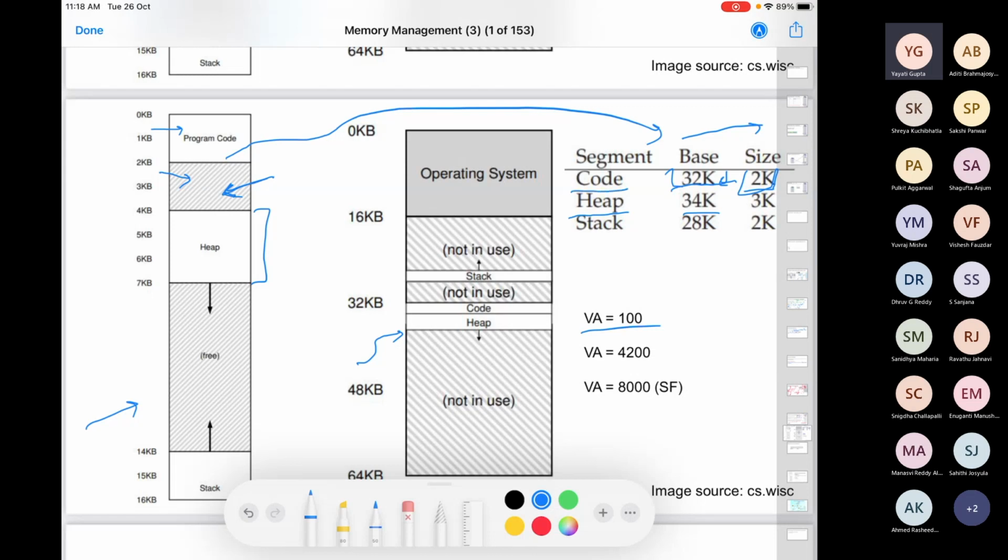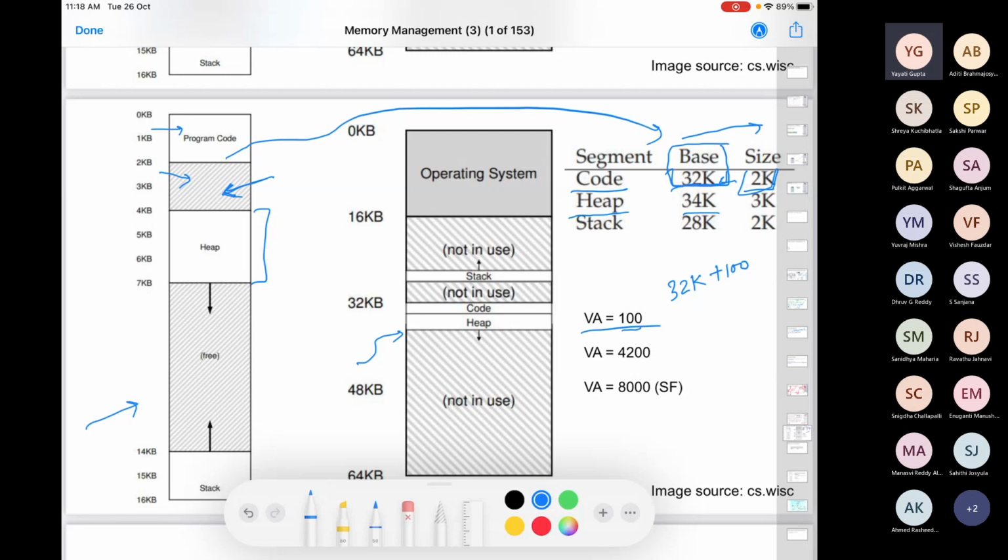The base register for the code segment is 32K, which is the place from where it is starting in the memory. The virtual address is 100, and the code segment starts from 0, so you can just add this 100 to 32K and you will get its address in the physical memory.